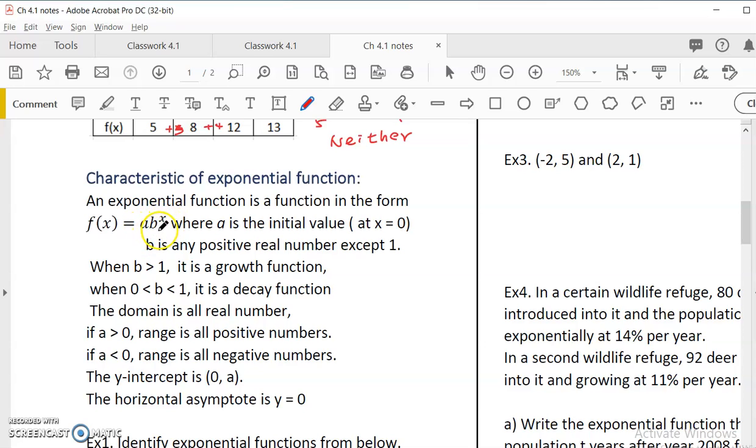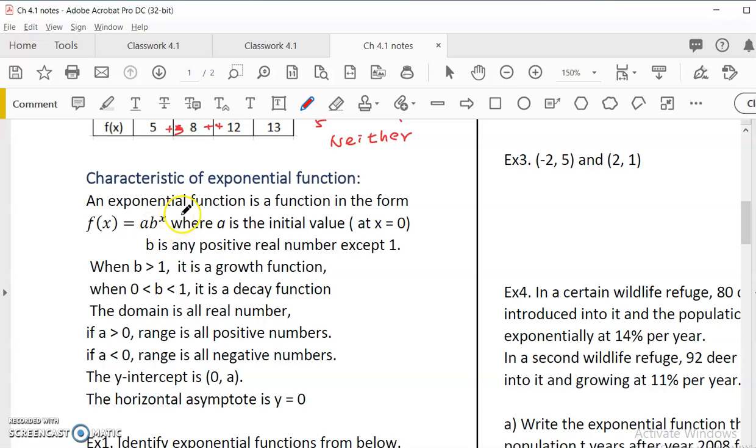Remember, for order of operations, the x goes to b only. So when we say a b^x, the exponent is applied to b. When we evaluate a function, we evaluate b to the x first and then multiply by a. If you have a scientific calculator and you put in a, b, x in this sequence, it knows to do b to the x first before it multiplies by a.